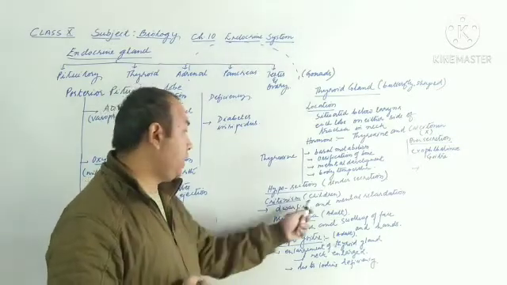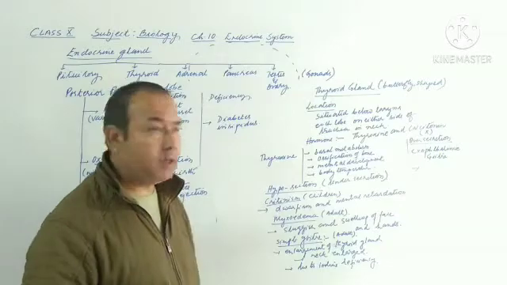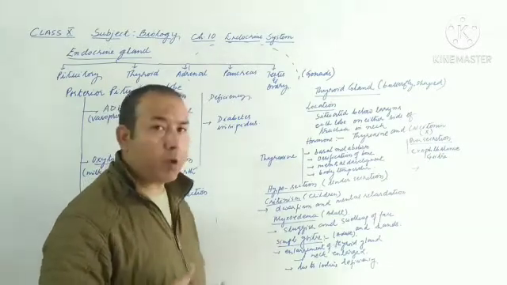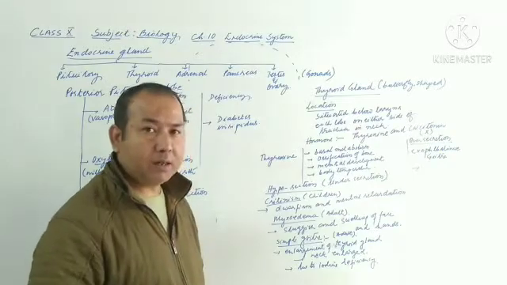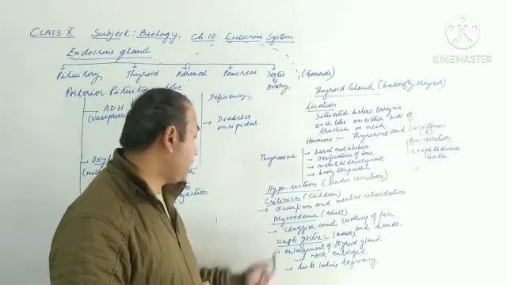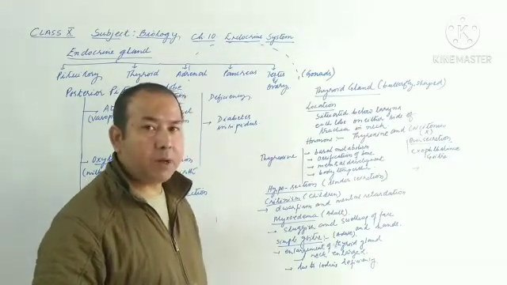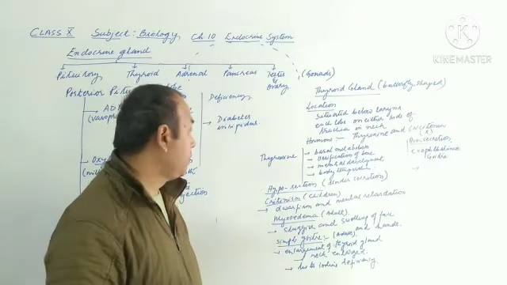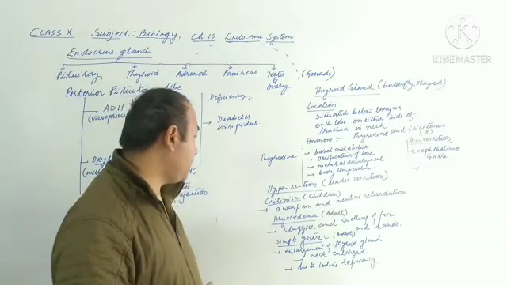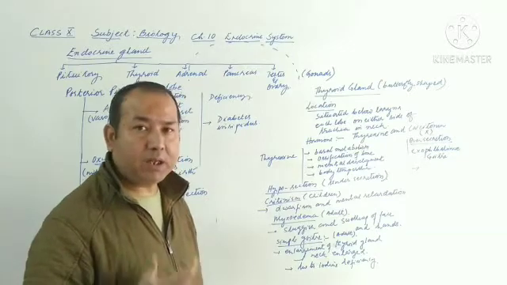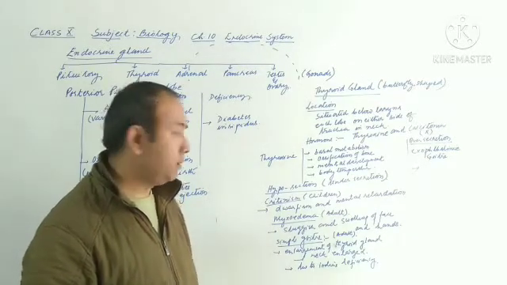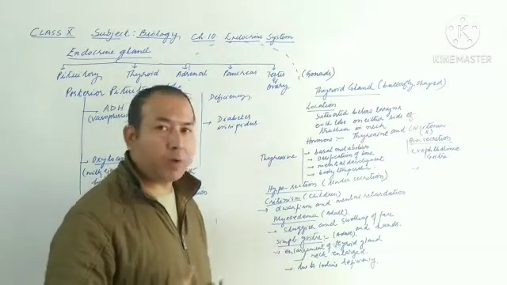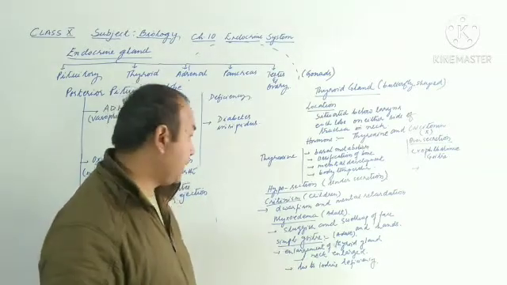Cretinism in children, the symptoms of cretinism are that it leads to dwarfism, and it leads to mental retardation in the child. Then comes myxoedema in adults. In adults, if thyroxine is released in less quantity, then it may lead to lethargy and sluggishness. The person often becomes tired, and it may lead to swelling of the face and legs.